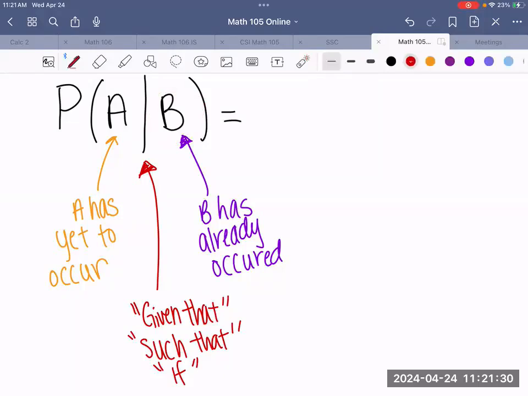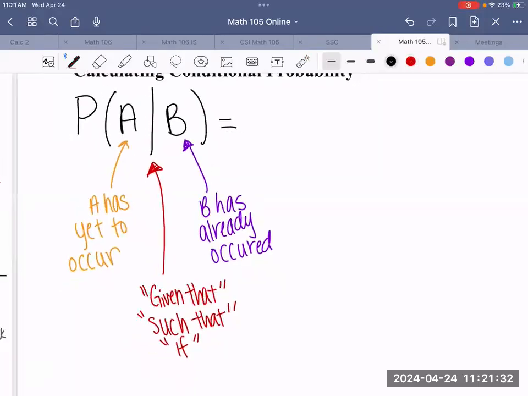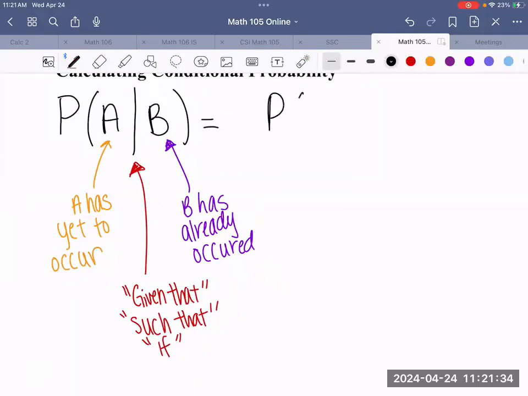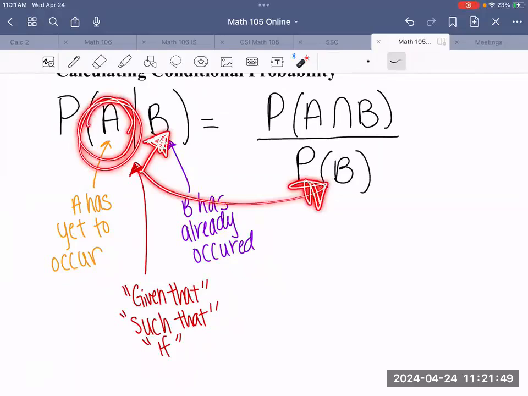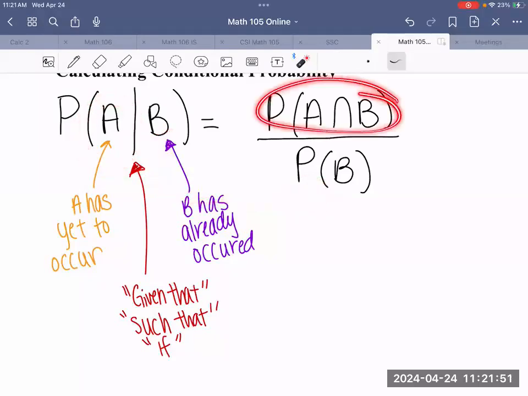So if that's how we read it, then we have the equation: the probability of A and B happening over the probability of B. Since B has already occurred, we have its probability, and we're waiting for A to occur. So then we're finding that these are happening together.